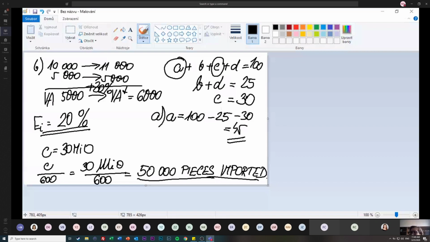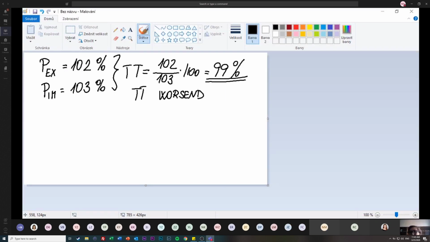Is it negative, positive, or neutral development from the view of the economy? Definitely it's negative. For the same quantity of export, I can import less by 1%.